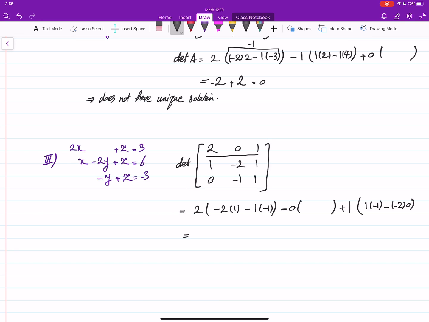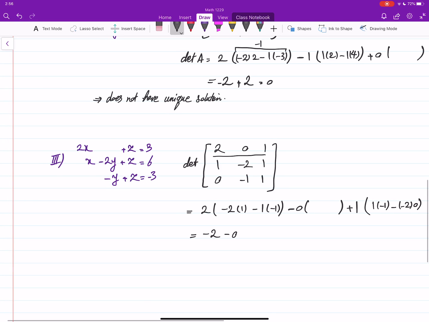The first one gives us negative 2 plus 1, which is negative 1, so this will be negative 2 minus 0. And this one here, this is negative 1 plus 2, which is 1, and then times 1, this will give us 1. Together, this is negative 1.